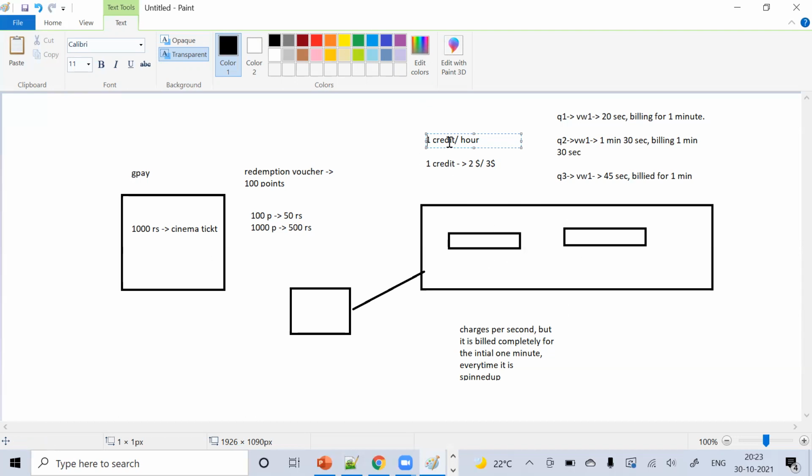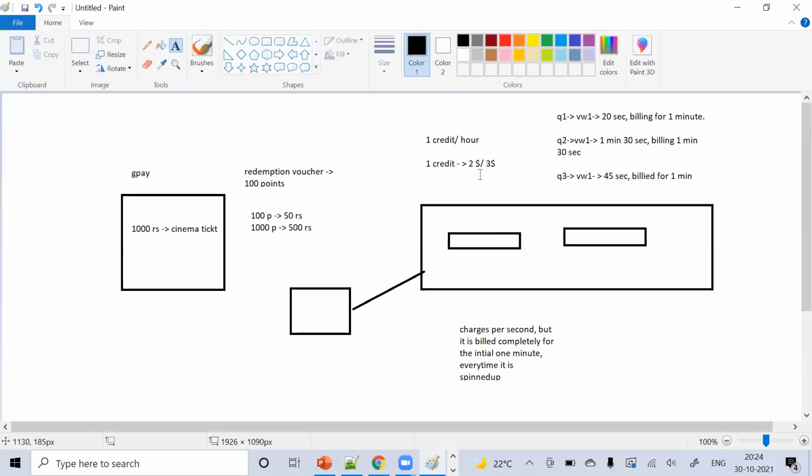Normally it is 1 credit per hour, depending on the size of the virtual warehouse. You'll look at the various factors on which the pricing depends. And 1 credit could be $2, $3, and so on. That also depends on various factors, which we will see shortly.